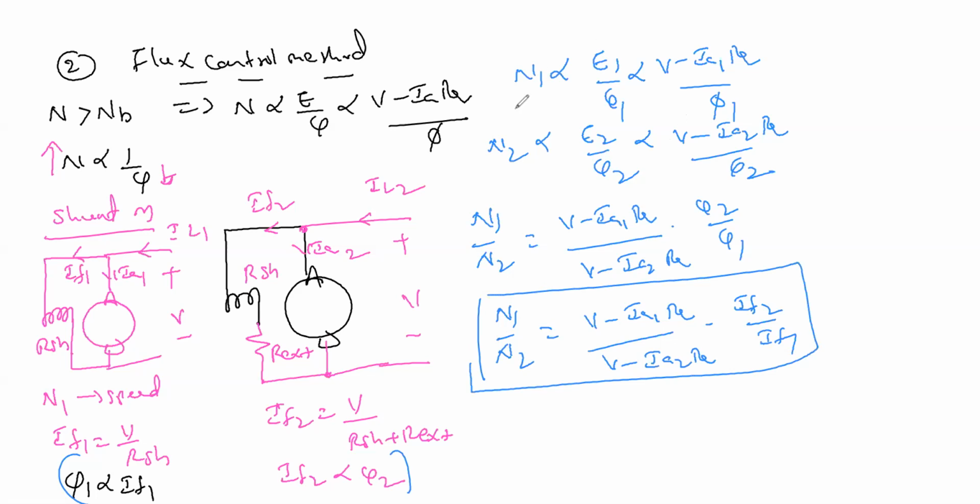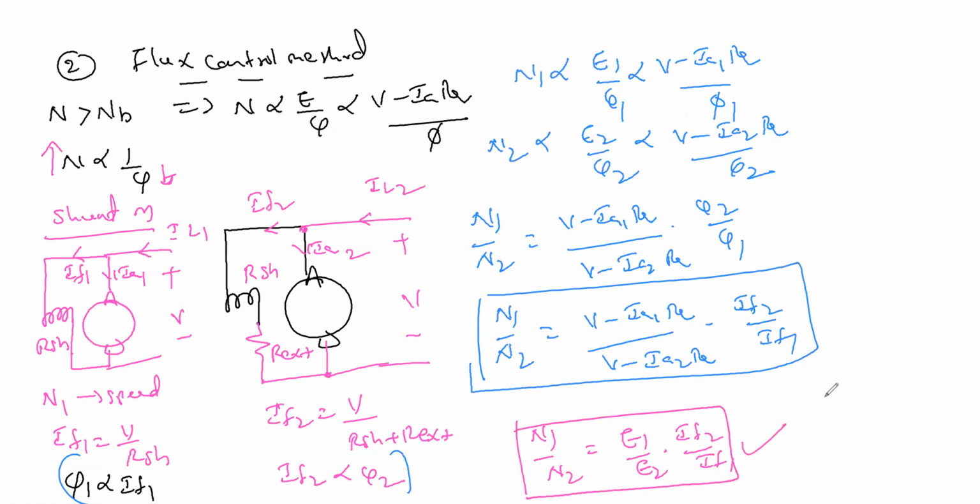Major expression क्या है? Ratio लिया तो N1 by N2 is E1 by E2 times IF2 by IF1. ये वाला expression है. इससे E values replace कर दिया मैंने. ठीक है? Once you obtain the IF2 value for required speed, इसमें substitute करो, so you get R external value. ठीक है?